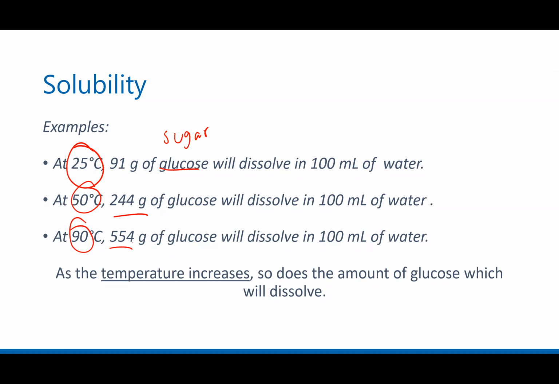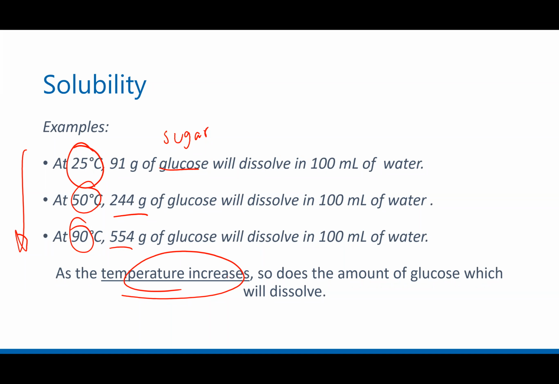So you guys notice what's happening? As I'm increasing my temperature, the solubility of the sugar is going up, and we'll talk a little bit more about that later. But this is an experiment you could do in your own kitchen. You could do this right now after class. Get 2 cups of water.